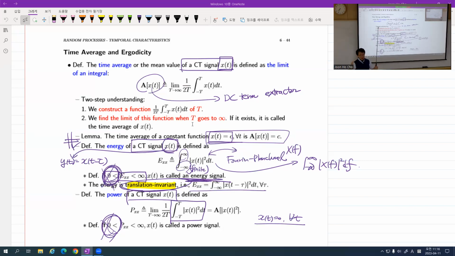So you always have a finite interval and take the length of the interval to infinity, constructing a function of interval length and considering the limit. If this limit exists, then we call it an energy. And if this is finite, we call this signal a finite energy signal.